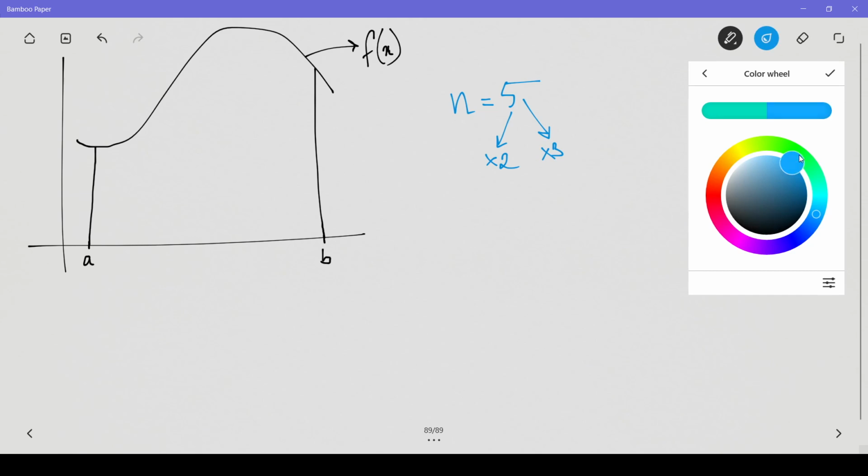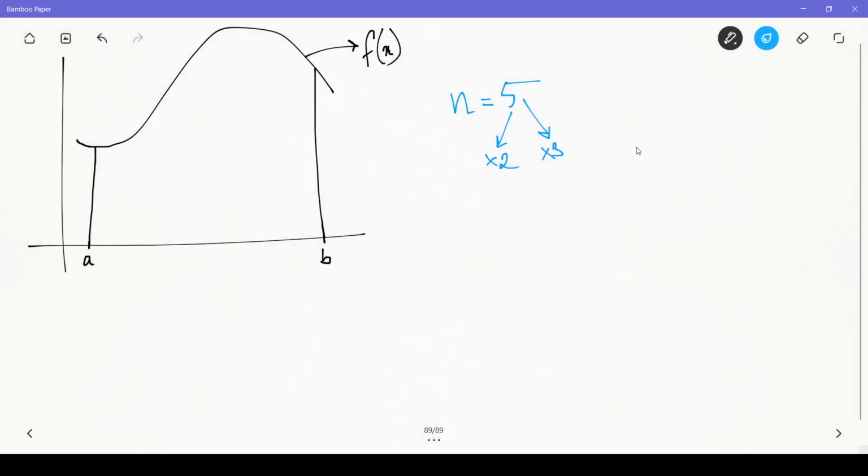We can neither use the Simpson's 1 by 3 rule, or the multi-segment Simpson's 1 by 3 rule, or the multi-segment Simpson's 3 by 8 rule over here, when we take n as 5. So what can we do in order to ameliorate this situation? We can use the mixed version of the Simpson's rule. Okay, let's see how we can do that.